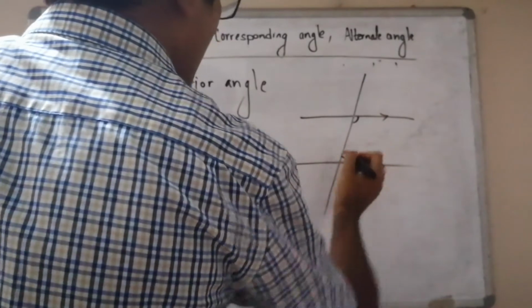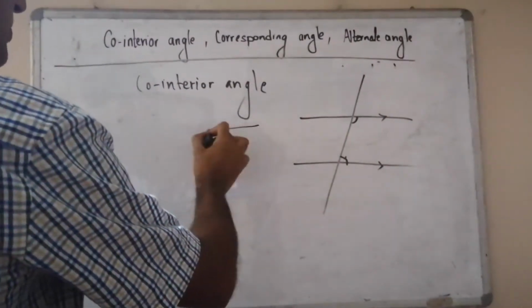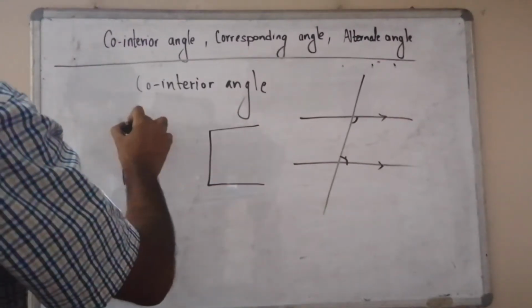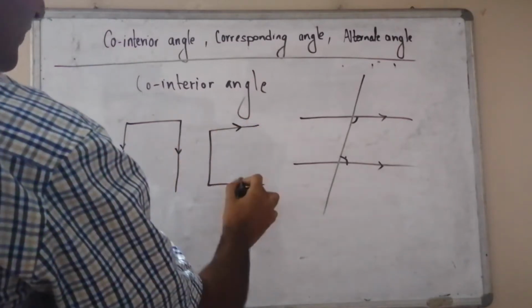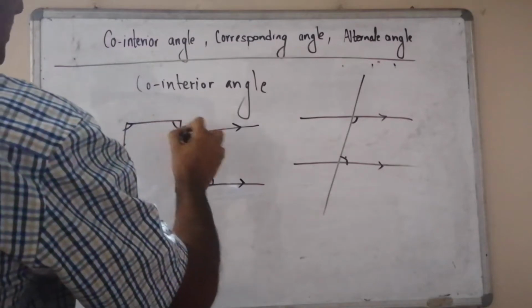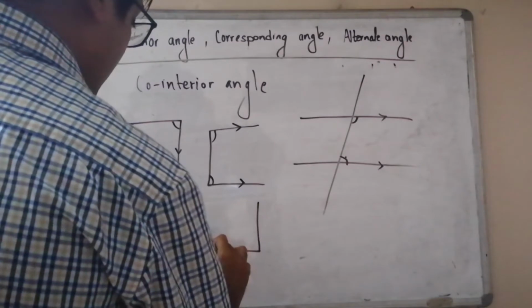These two angles are co-interior angles, and co-interior angles are always in the shape of C. It can be like this if these two are parallel lines. If these two are parallel lines, then this one and this one are co-interior angles. It can be in this shape as well.